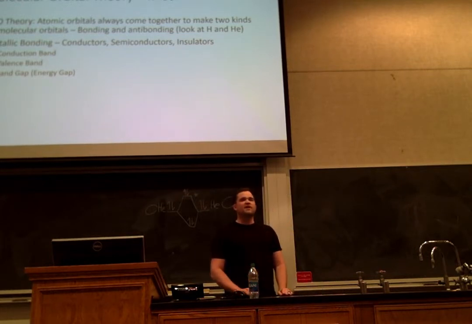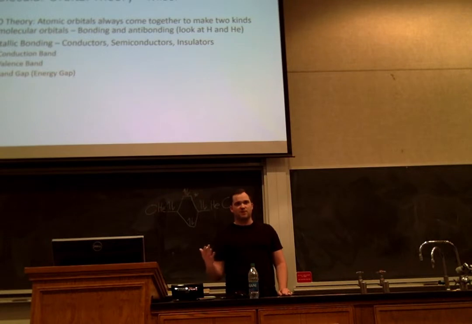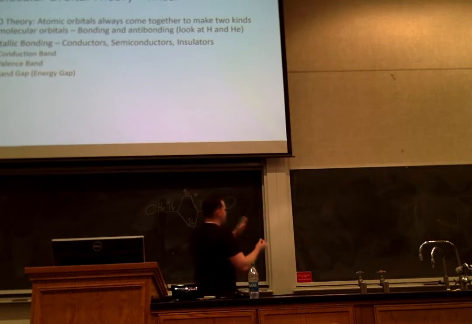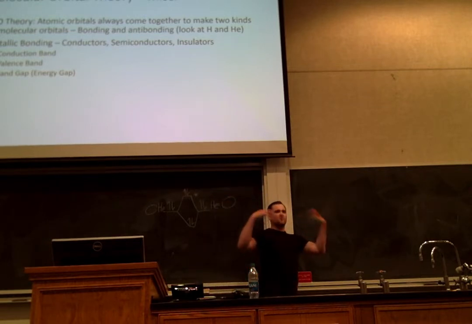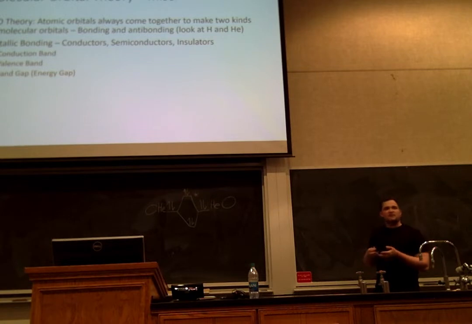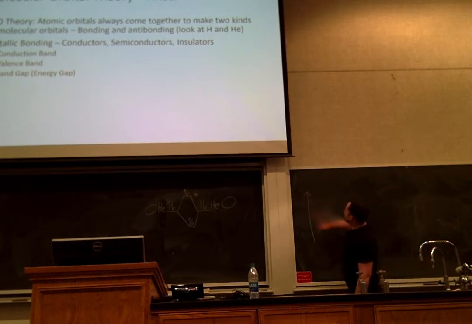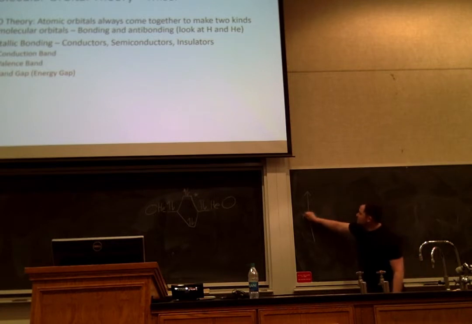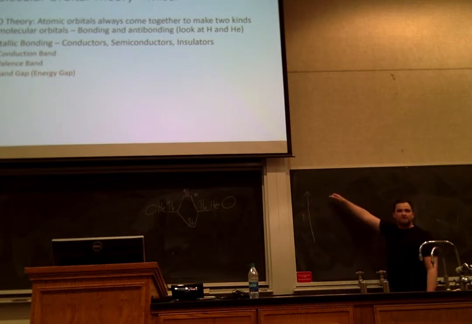For metallic bonding, I would know the definition of metallic bonding according to his lecture slides. What we have with metallic bonding is all these atomic orbitals coming together to make molecular orbitals. With our molecular orbital diagram, we learned that our molecular orbitals will be in different energy levels, right?